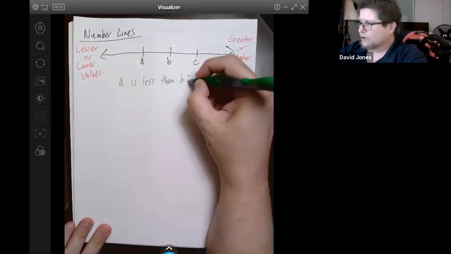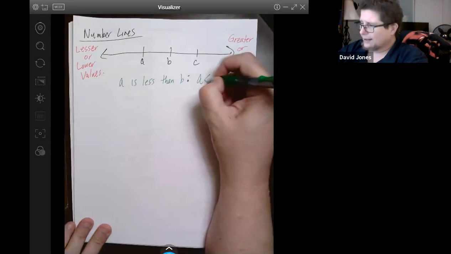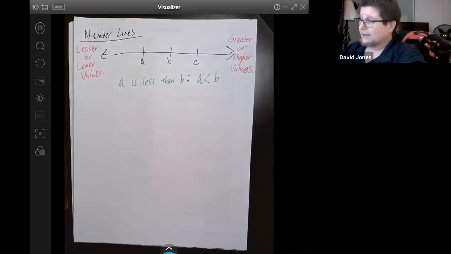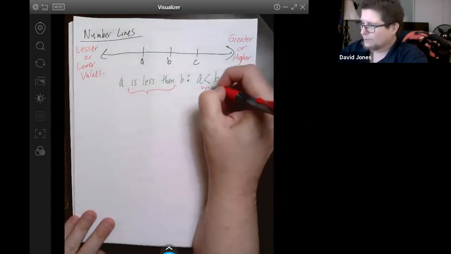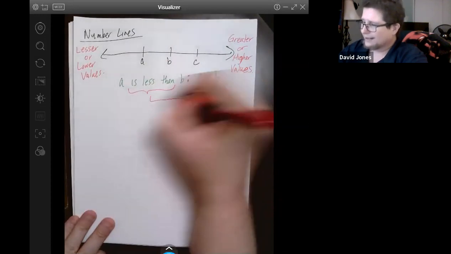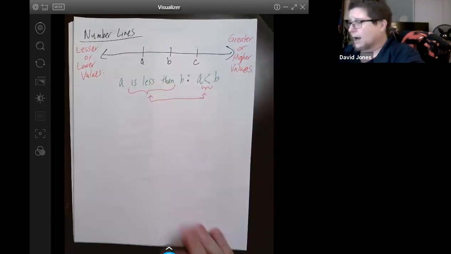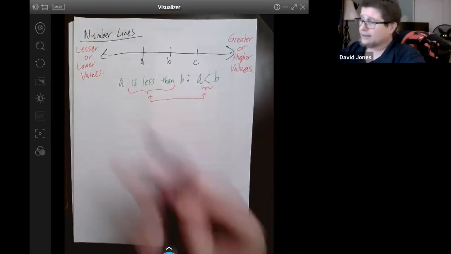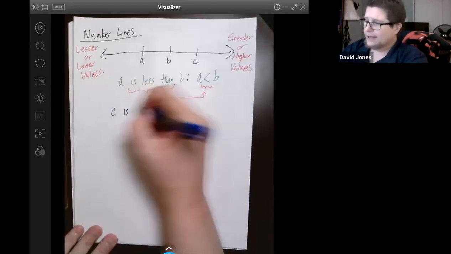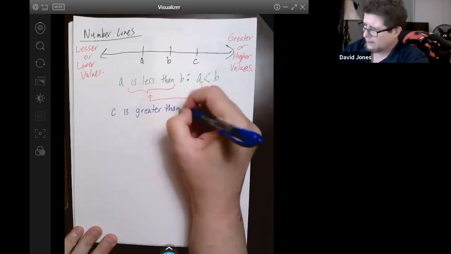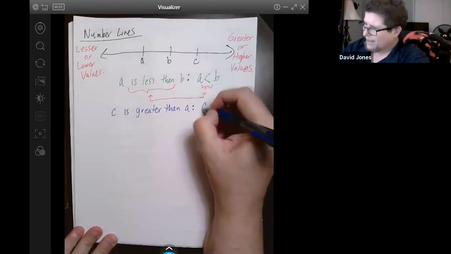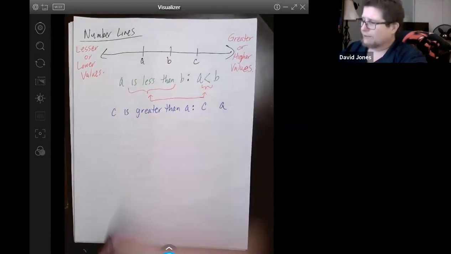And the way we draw that symbol is A, this is less than. We use it so often, we use this symbol for it. These are interchangeable. That's the less than symbol. And I could also compare C and A. C is greater than A. And that has the symbol going the other way.